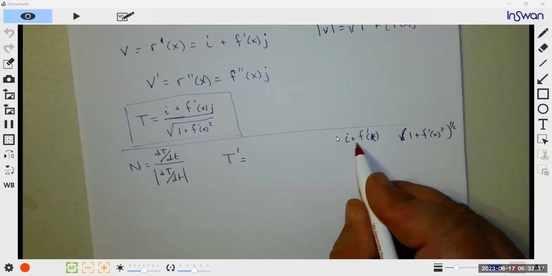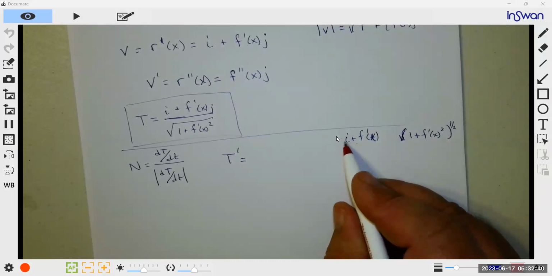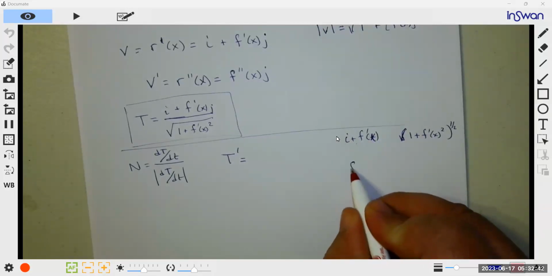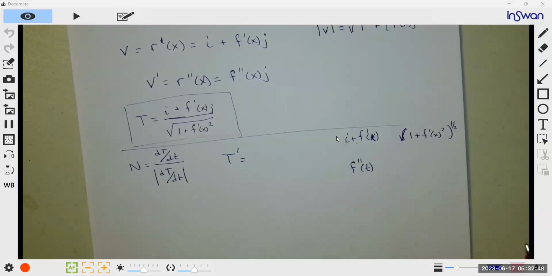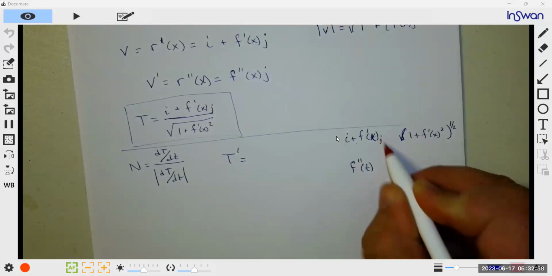The derivative of the first one: derivative of i is 0, so it's f prime j.